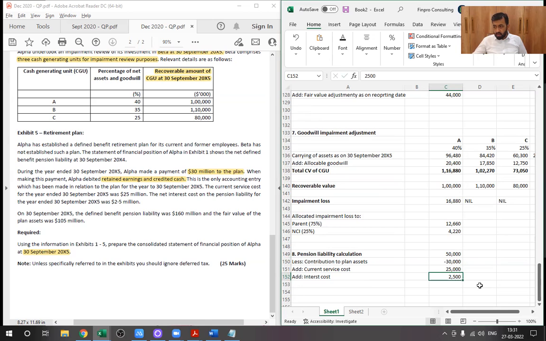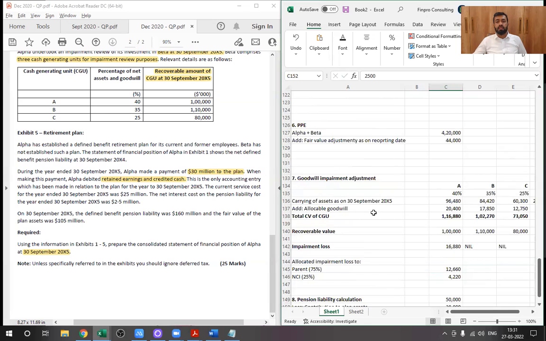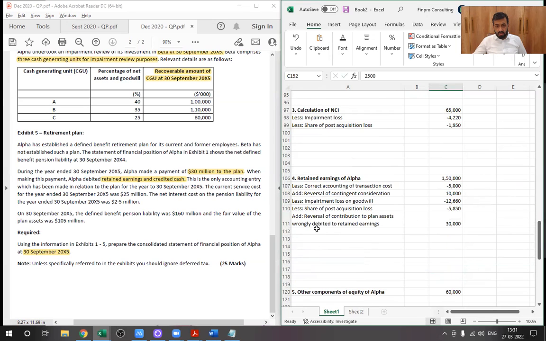Reduce retained earnings. In retained earnings, less current service cost, my retained earnings will reduce, and interest cost on pension liability.